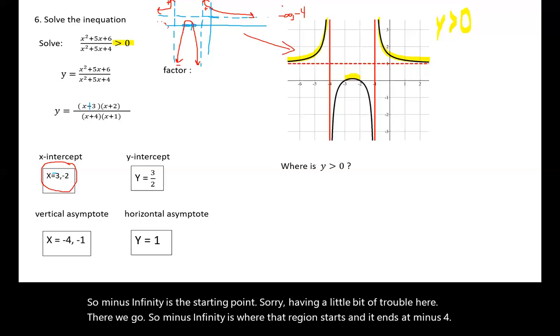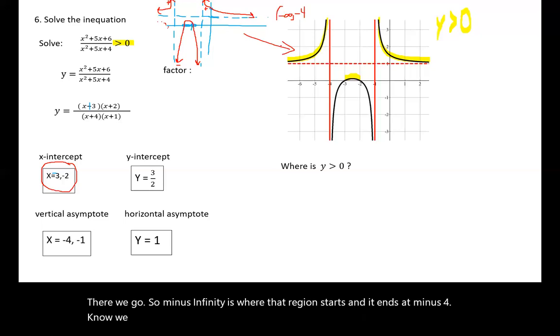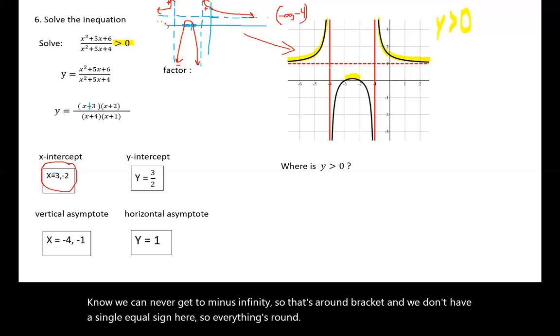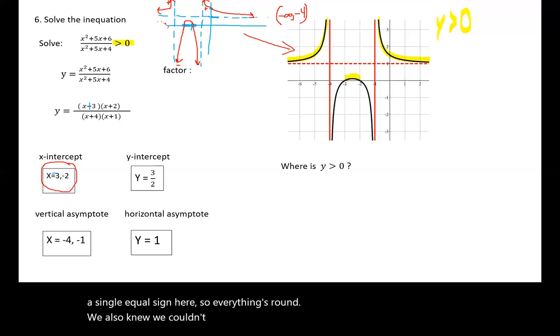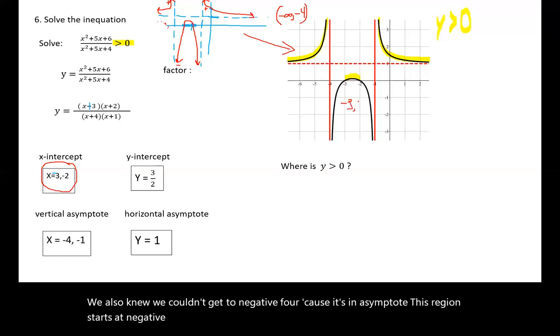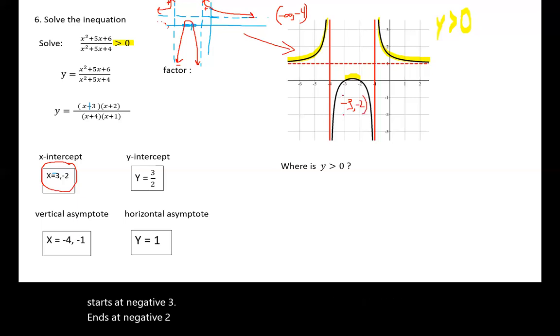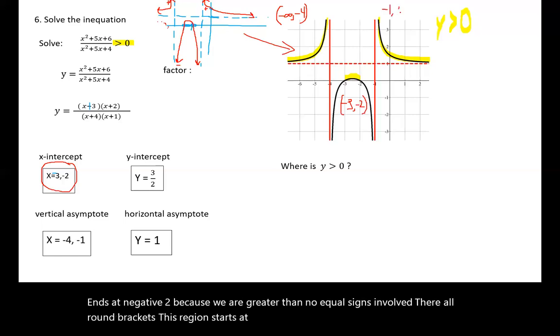We know we can never get to minus infinity, so that's a round bracket, and we don't have a single equal sign here, so everything's round. We also knew we couldn't get to negative 4 because it's an asymptote. This region starts at negative 3, ends at negative 2. Because we are greater than, no equal signs involved, they're all round brackets. This region starts at negative 1 and goes all the way to infinity.